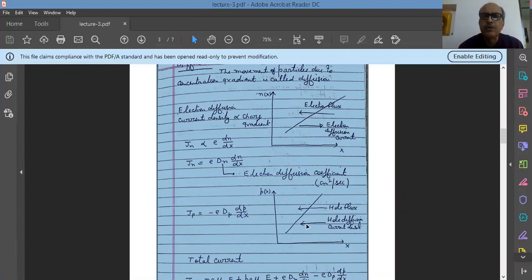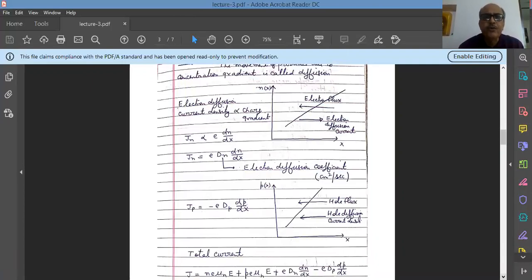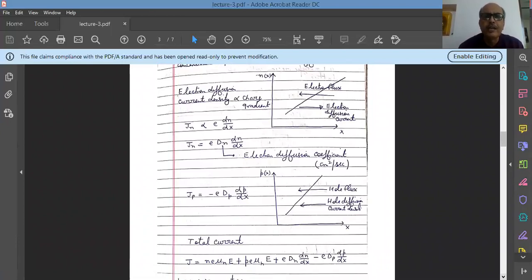So the current due to the holes will be in the direction of the movement of the holes. So J_p is now minus e D_p dp over dx. If we write down total current, we can write down the total current due to the electrons separately. We can write down the total current due to the holes separately.